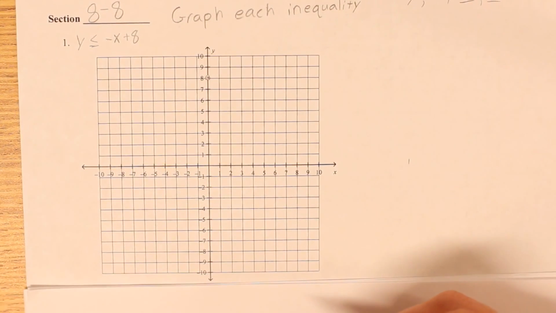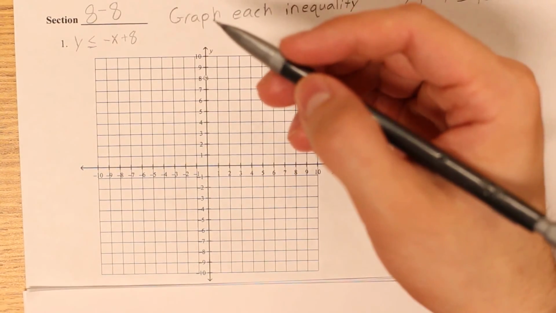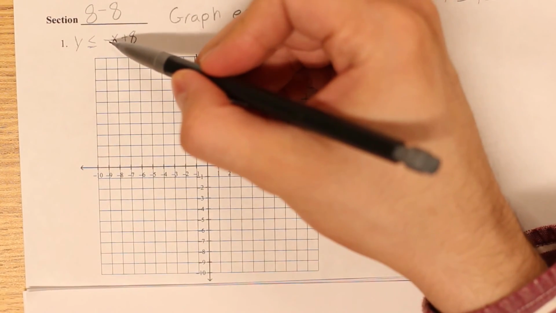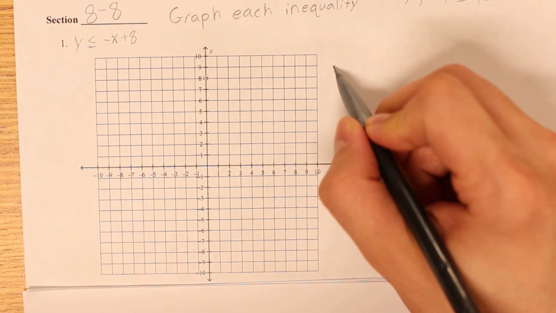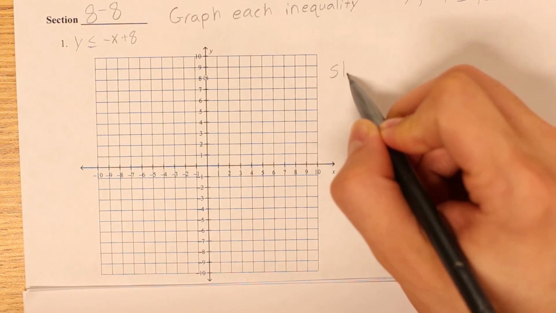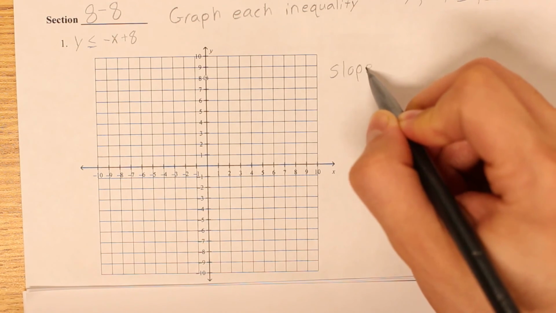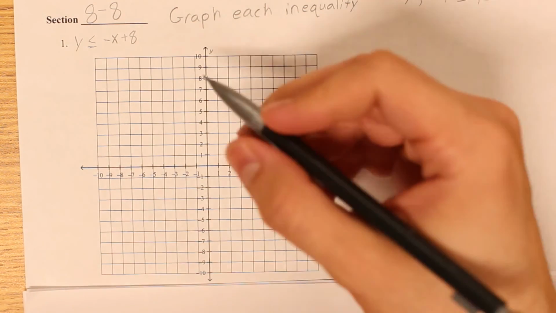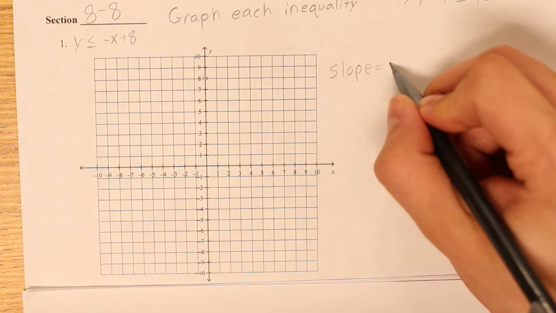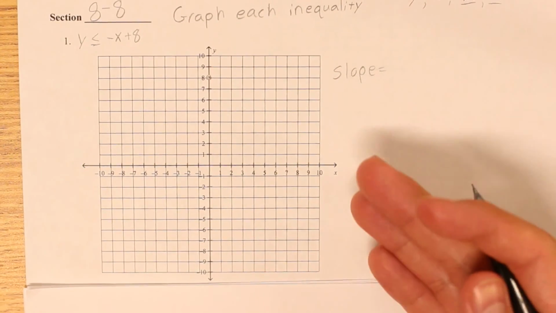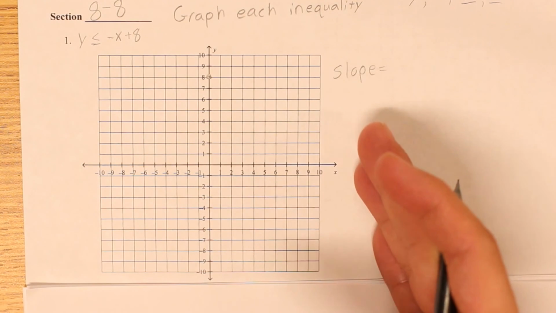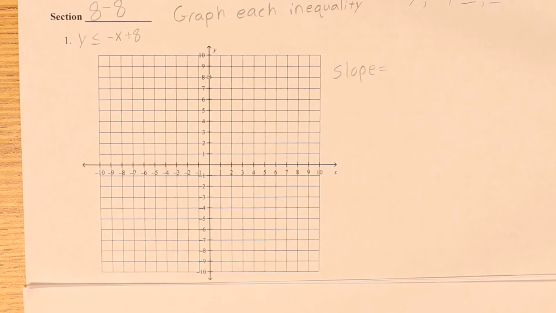So next, we're going to have to use the slope. Now here, it is beneficial to write down the slope over here. So I'm just going to say slope is equal to, and they tell us that there's a negative sign. And what? Now we don't put negative x. Slope is not x. Slope is the number in front of x. I don't see a number in front of x.